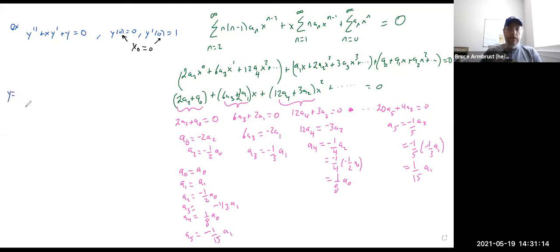So y equals A naught plus A1 x minus 1/2 A naught x squared minus 1/3 A1 x cubed plus 1/8 A naught x to the 4th plus 1/15 A1 x to the 5th plus and so on.